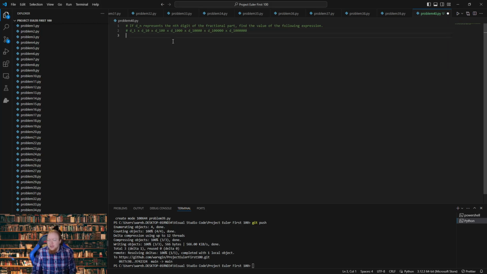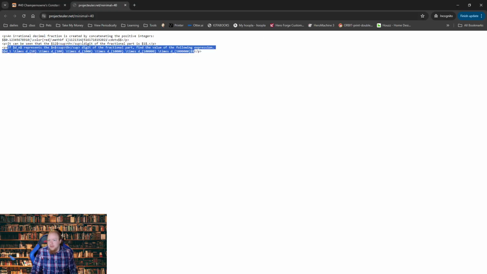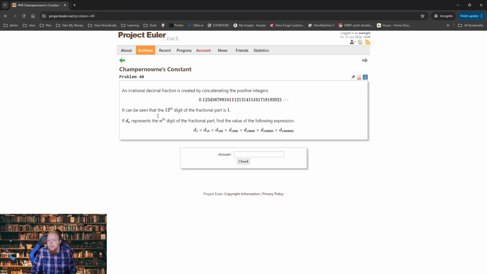So here's going to be our general strategy. We are actually going to make this irrational decimal fraction, or at least the part after the decimal point, as a concatenated string. Obviously our string needs to be at least 1 million characters long.